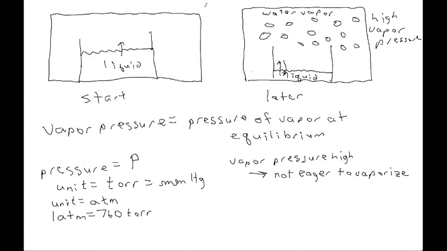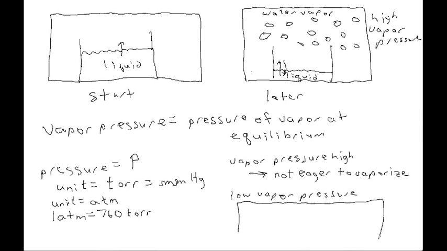On the other hand, if we have low vapor pressure, then the liquid is not going to fall that much in height, and then there's only going to be a few water molecules at equilibrium.